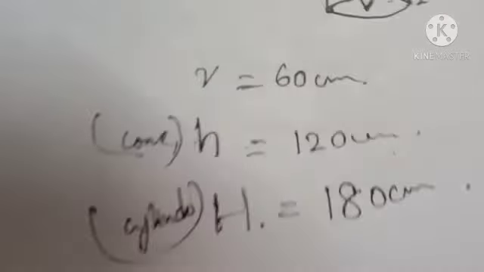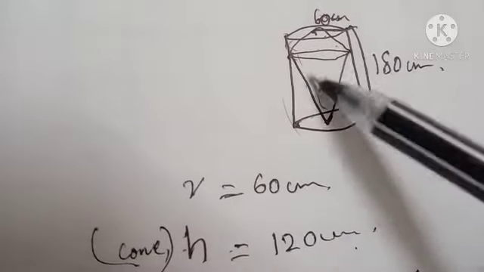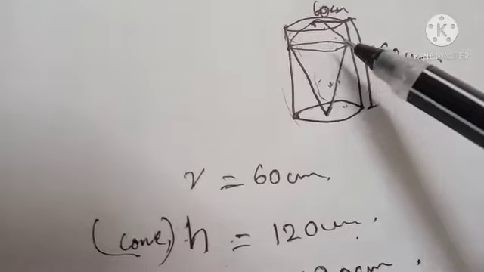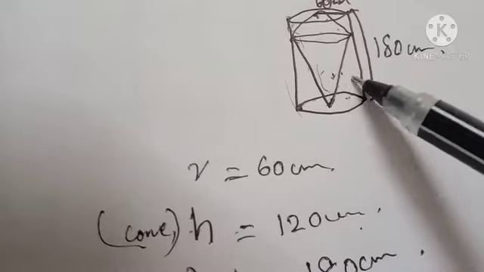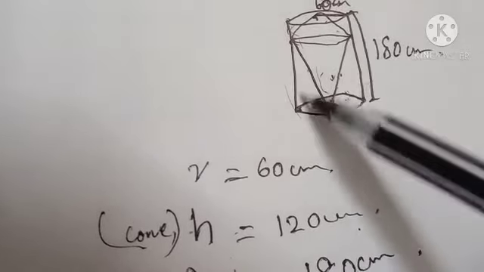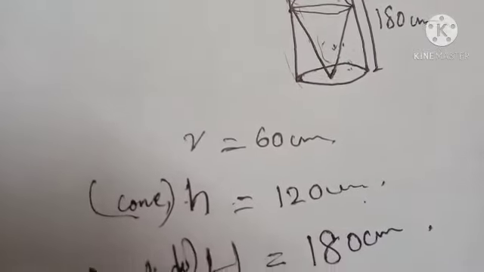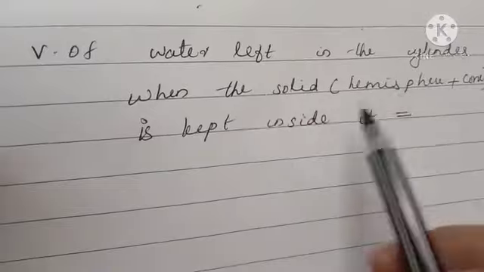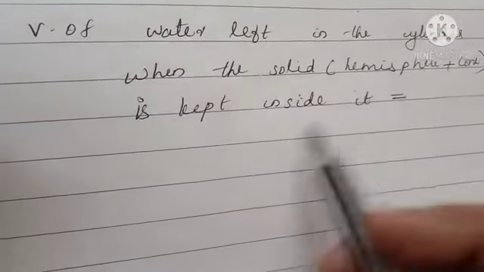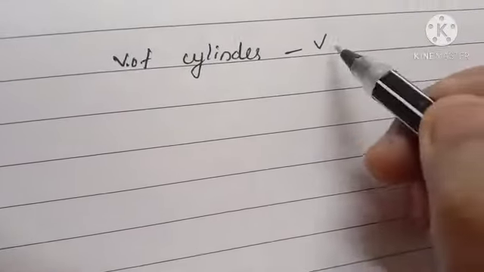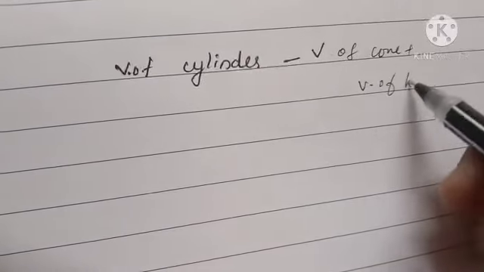First we find the volume of the cylinder, then the volume of cone plus volume of hemisphere, then subtract. Volume of water left in the cylinder is equal to volume of cylinder minus volume of cone plus volume of hemisphere.